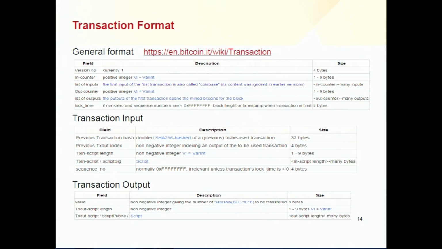A satoshi is 100 millionth of a Bitcoin. So that is the unit in which the value is based. 1 over 10 to the minus 8. So you can imagine that you can move around some very small amounts of money if you want to.